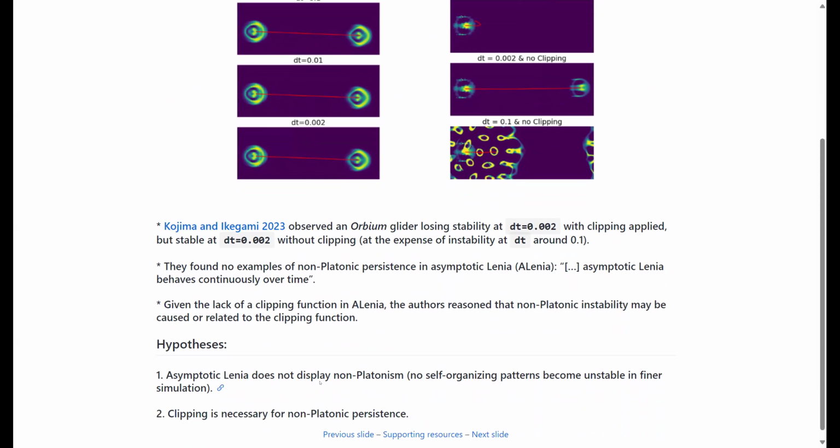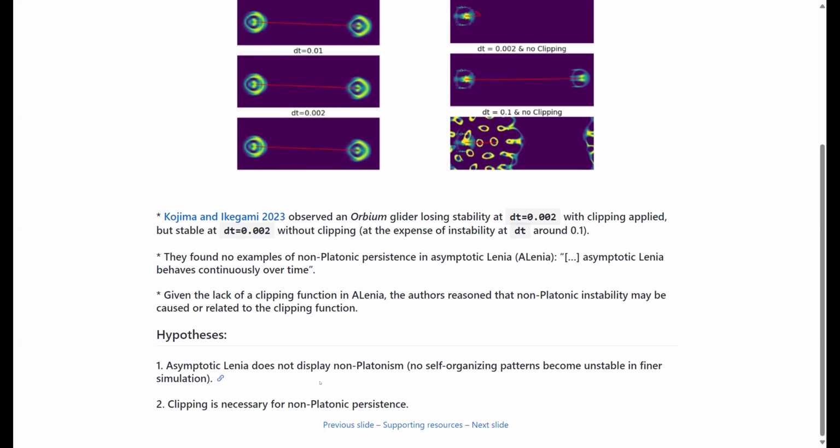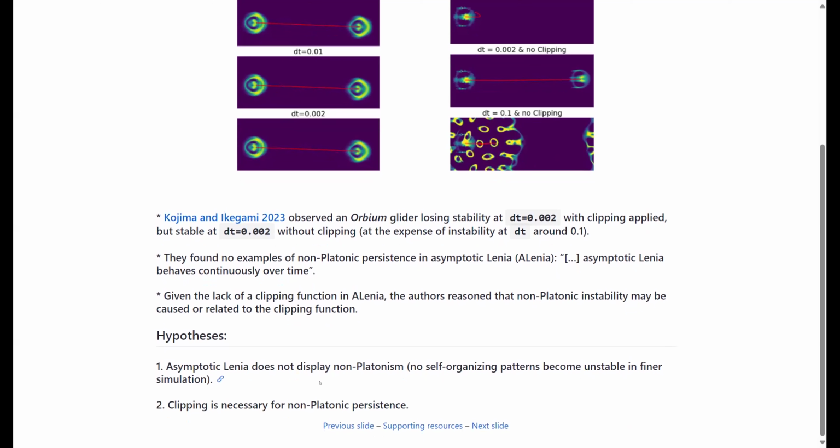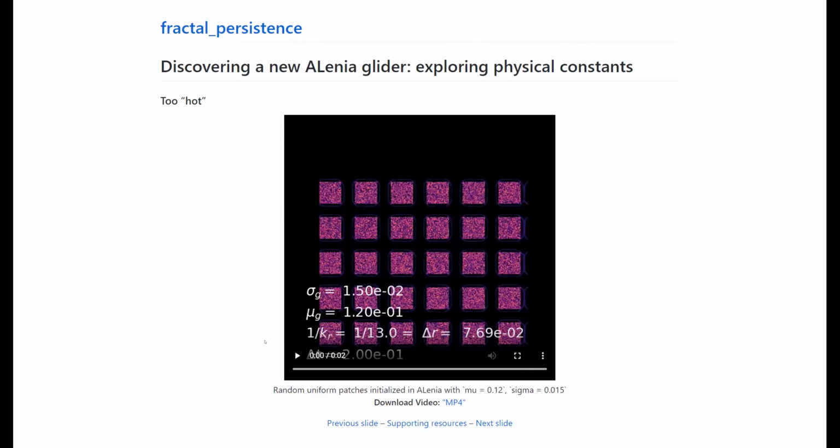So in general, I call this instability when the simulation is more fine, non-platonic. And this would be with respect to any of the simulation parameters. So we're concentrating on step size here, the temporal resolution, but you could also find non-platonism in spatial resolution or numerical precision, which are other places where I've seen it.